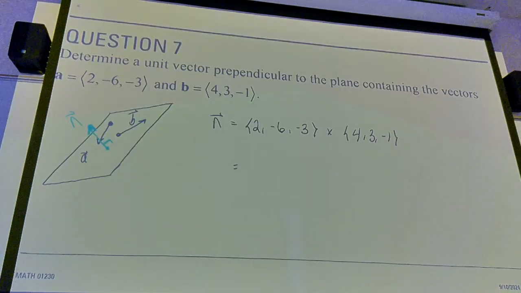And in this case, I am not going to draw out the matrix. The -6 times -1, which is 6, minus 3 times -3.